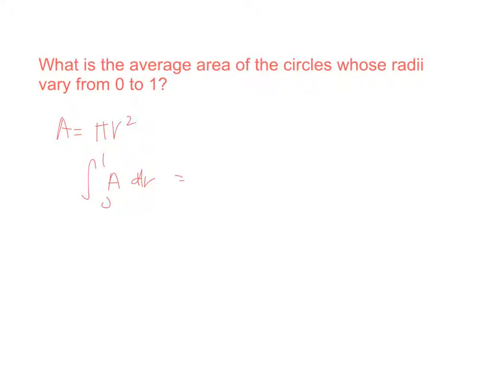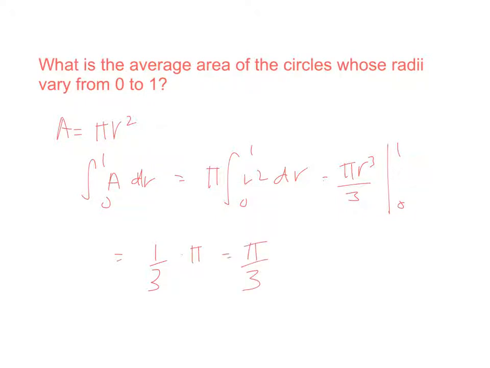So that is going to be pi, because I don't need it in the integral, r squared from 0 to 1 dr. That comes out to be pi r cubed over 3 from 0 to 1, which is 1/3 times pi, or pi over 3. So that is the average area of the circles whose radii vary from 0 to 1.